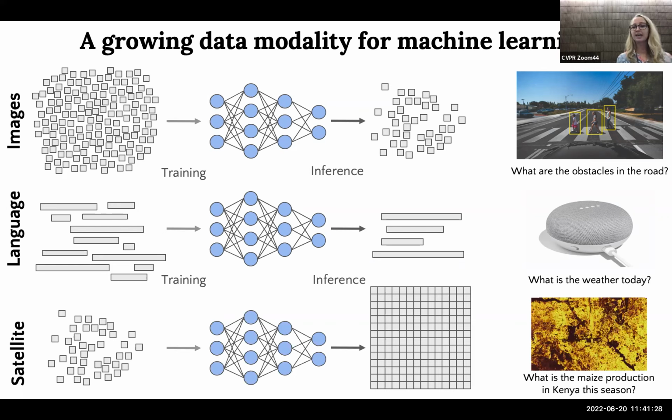With satellite data, we have the same parallel pipeline, but there's a really interesting inversion, where we typically are training on a pretty small, relative to the total available data set, set of labeled data. And these data are extremely sparse compared to all of the data that we have available from satellites orbiting the planet.